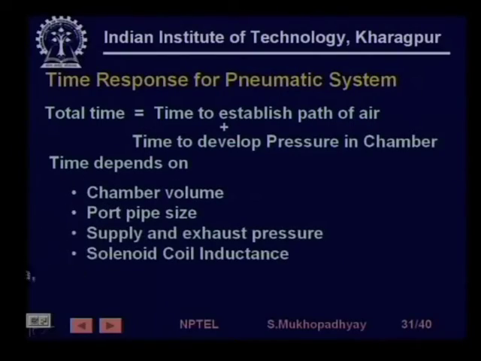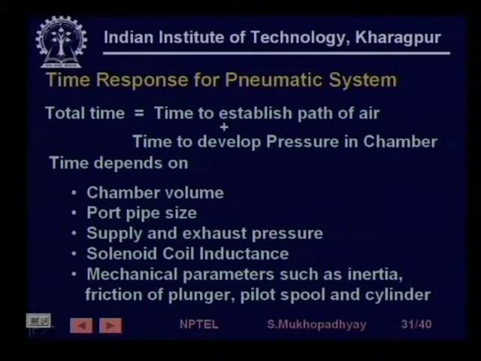These times depend on a lot of factors like chamber volume, port and pipe size, supply and exhaust pressures, what is called the ratio of the upstream and downstream pressures. Similarly, there are times required for solenoid coil inductance, inertia, etc. They are generally smaller compared to the pneumatic part, but all these factors will affect the time response of a pneumatic system.